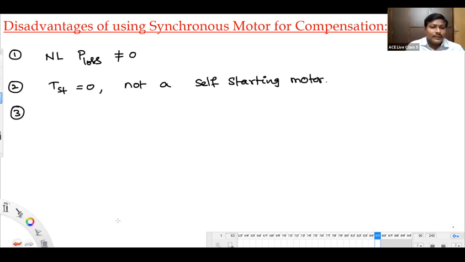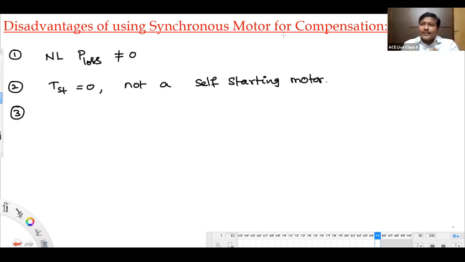Number three. Next disadvantage of the synchronous motor. Look here, we need a separate DC source for excitation, which is not required in the case of a capacitor bank and reactor bank. Just connecting a capacitor bank to the bus bar is sufficient, but here, just connecting the motor is not sufficient.